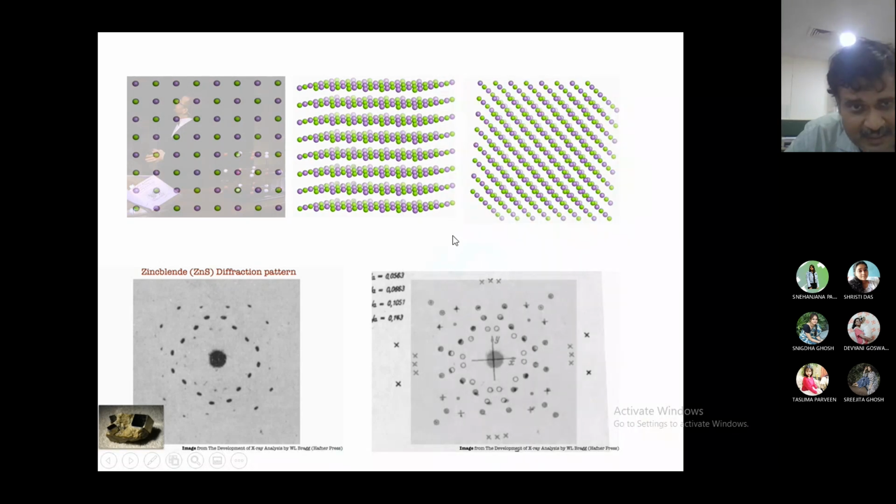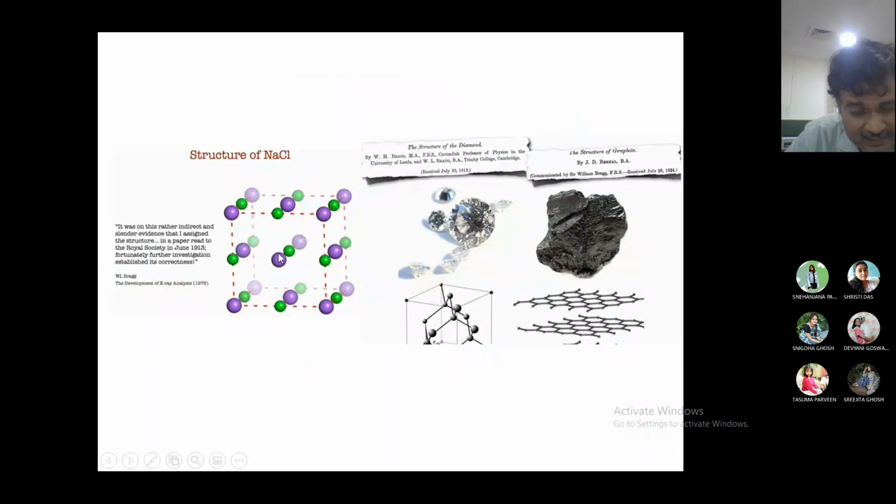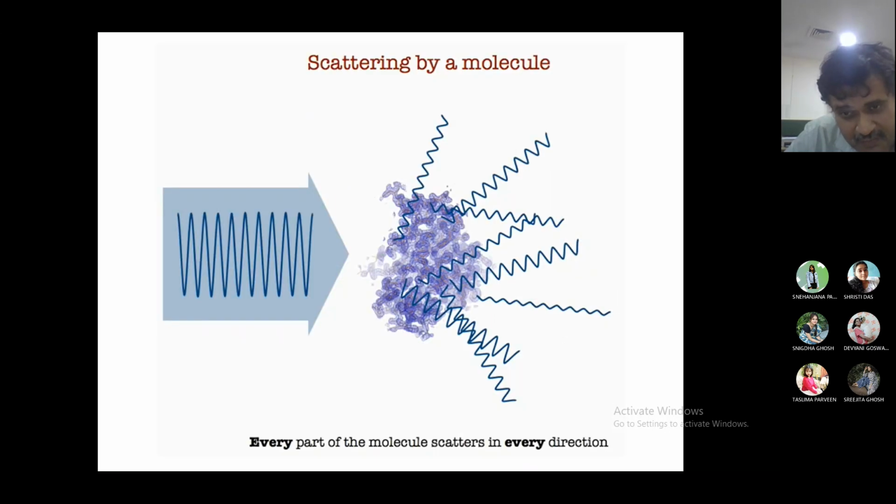If it is vitamin B12, each of these units is occupied by a very large macromolecule, and the atoms that constitute the macromolecule themselves were scattering the X-ray in all directions. So things become very complex, and it becomes even more complex when we start using X-ray on protein crystals.